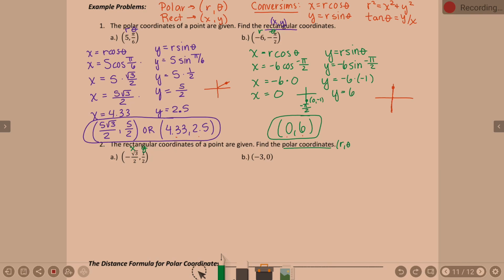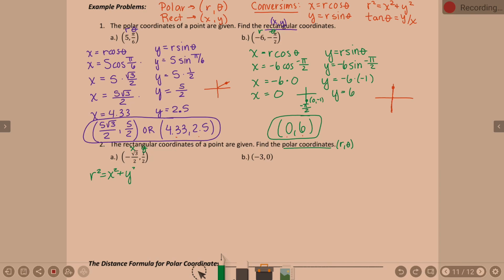Well, if we're given x, y, what do you think we need to do? R squared equals x squared. Are we using the other conversions now? We are. So, r squared equals x squared plus y squared.